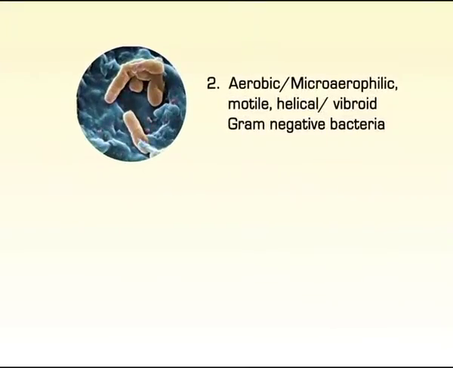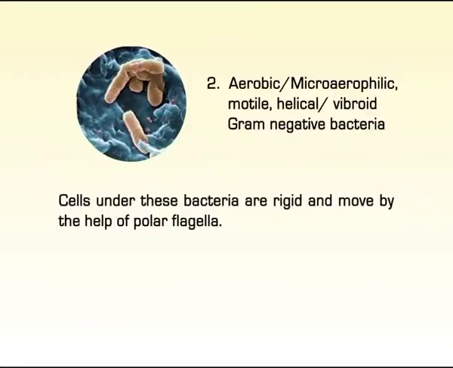The second one is aerobic, microaerophilic, motile, helical or vibrioid gram-negative bacteria. The cells under this are rigid and move with the help of polar flagella, that is flagella present towards the ends of the bacteria.